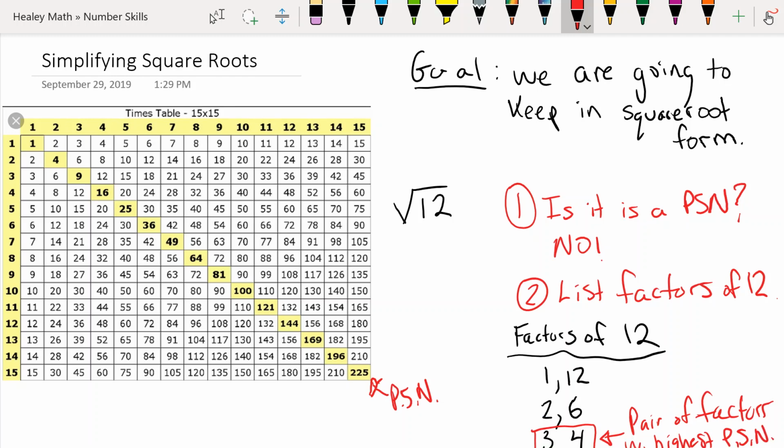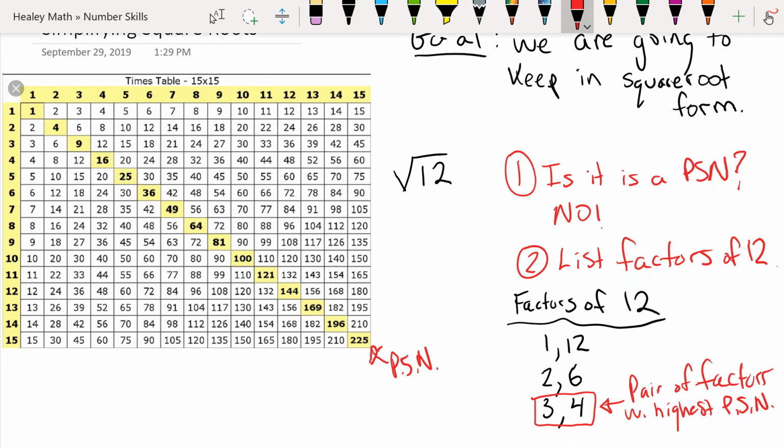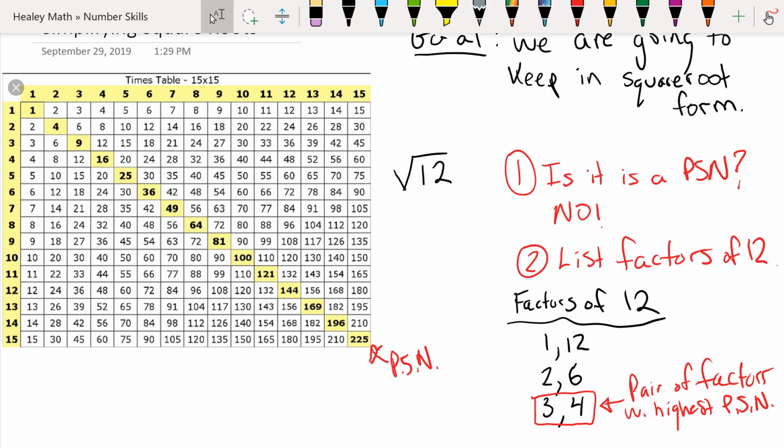In this case, it's the only one with a perfect square number. So let's replace square root 12 as the square root of 4 times the square root of 3. Another way we can represent this is the square root of 4 times the square root of 3.